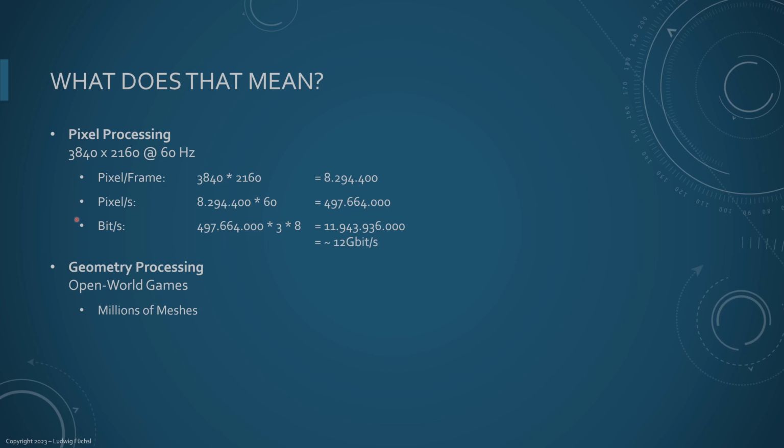So additionally to all the pixel processing overhead, we get another geometry processing overhead, millions of meshes that need to be evaluated if they shall be rendered. Of course, I know that there are techniques to make this quite fast, and it's not a hard task actually, but just to get the scope of what we are doing here, this is massive.